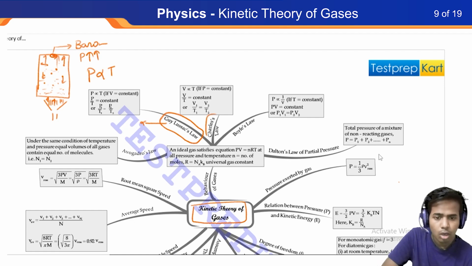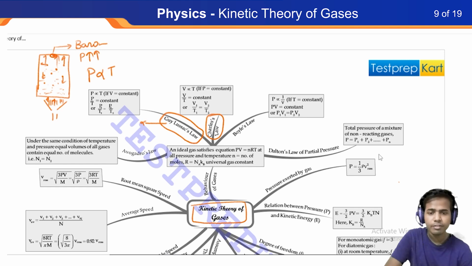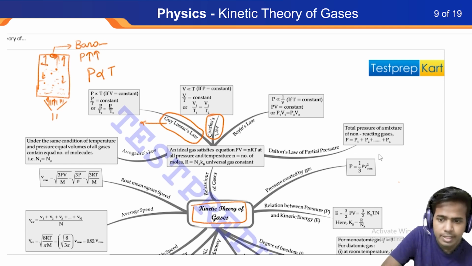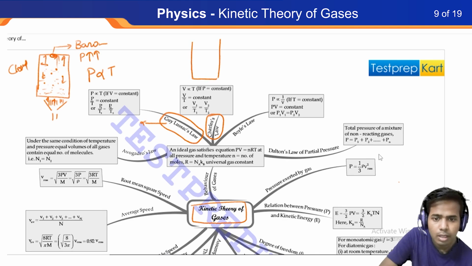There's this Charles's law, who gave that, let's say this was a closed container, right? Now this was also closed, but whatever lid it has is free to move up or down. And this is atmosphere.